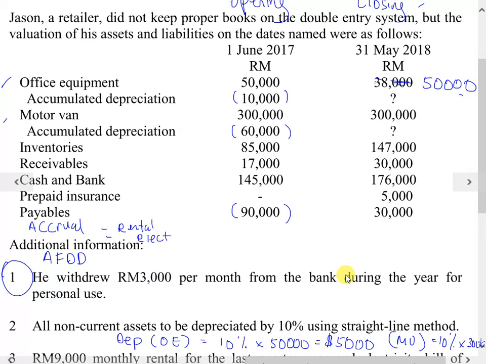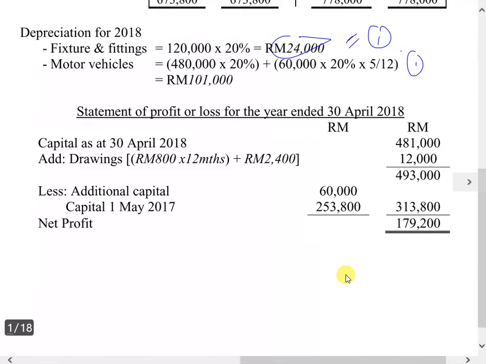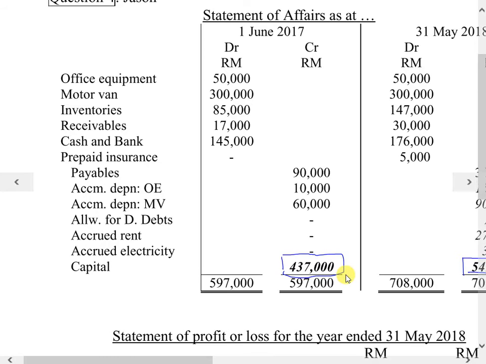Statement of affairs 1st June, like this. I show you partly first here, I'll show you the full one later. Debit, credit. Find the missing figure, 437. Done.